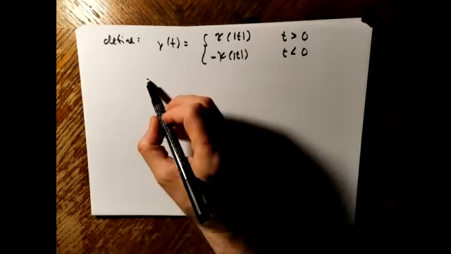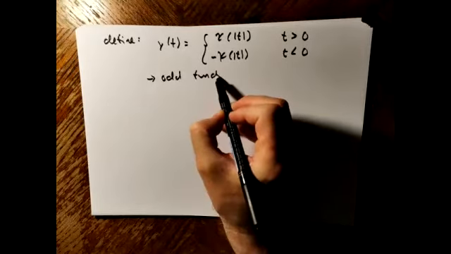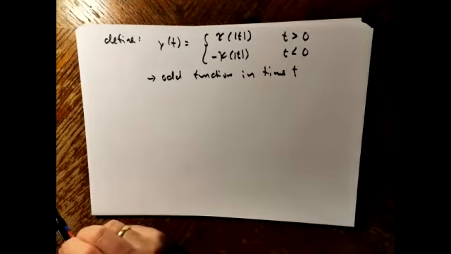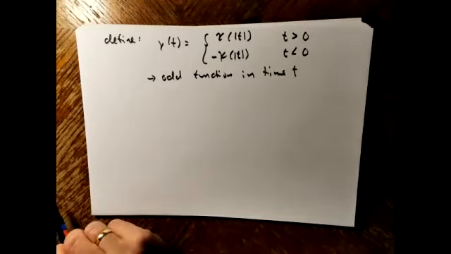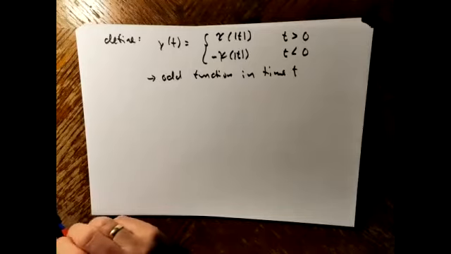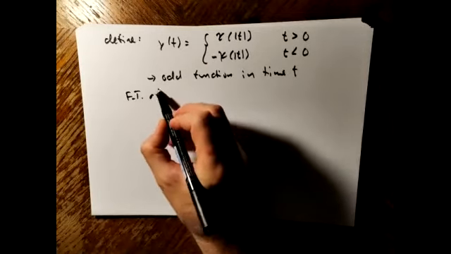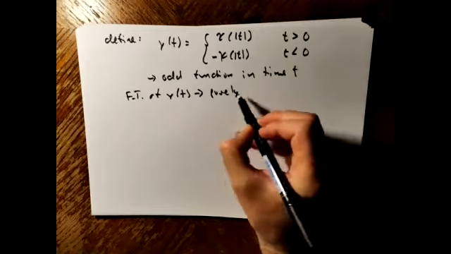Notice that this is actually an odd function in time. And since it's an odd function in time, if I Fourier transform this, I should get something that is purely imaginary. So the Fourier transform of y of t is purely imaginary.